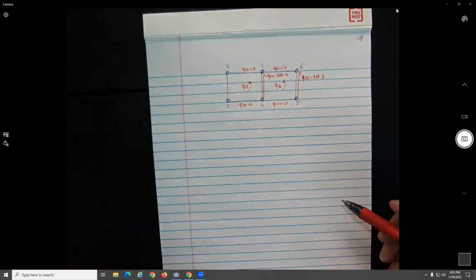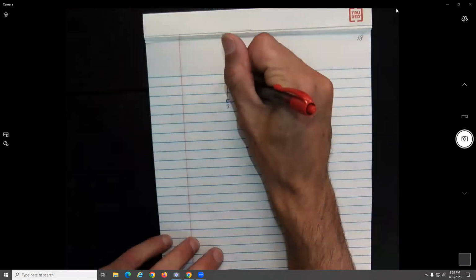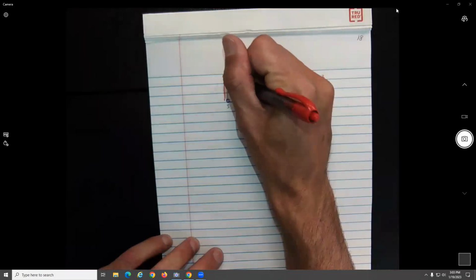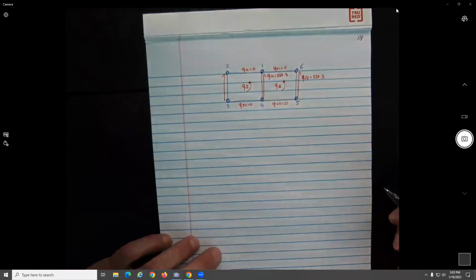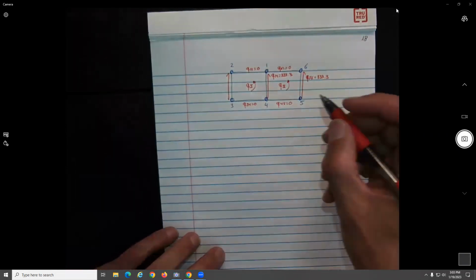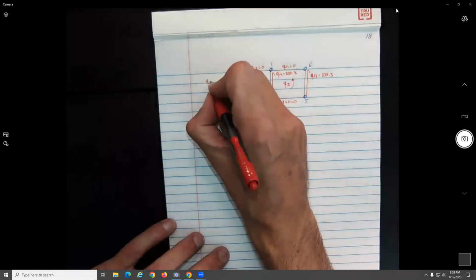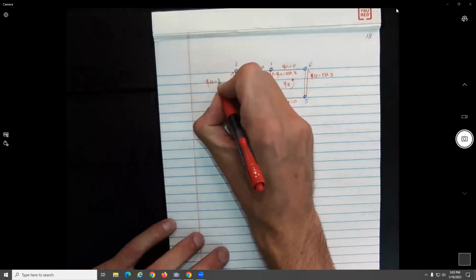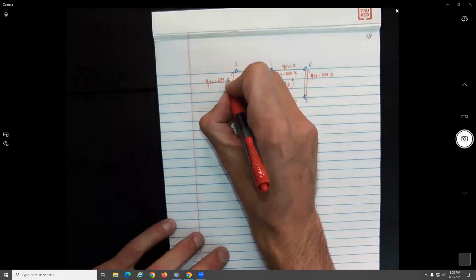And now Q23 should go up or down, do you think? What do we have for Q23? Probably we have a negative value, no, if I'm correct. Yes, so it's also going up, Q23 equal to 333.3.